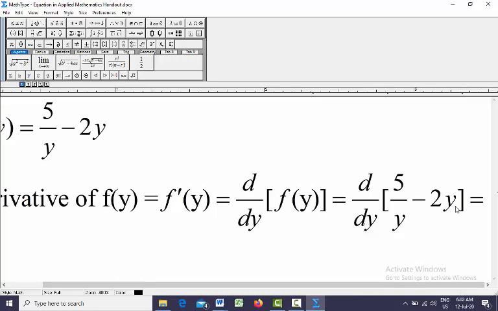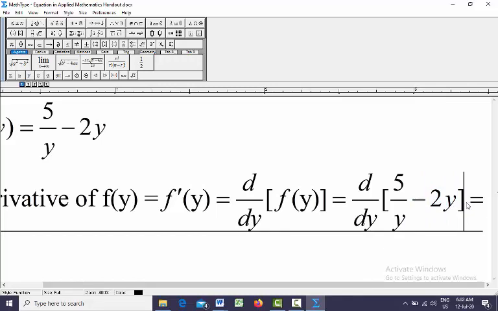In that case, as I said before, our first task is to separate each part. There is a minus here. If there is a minus or plus, you need to separate each part.